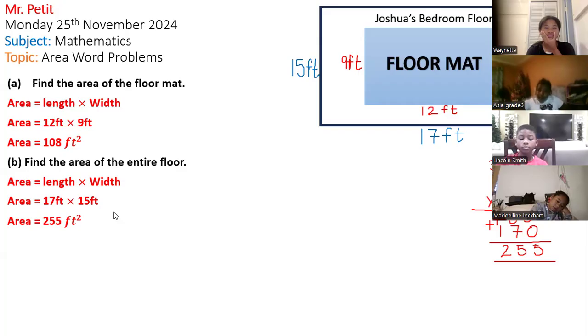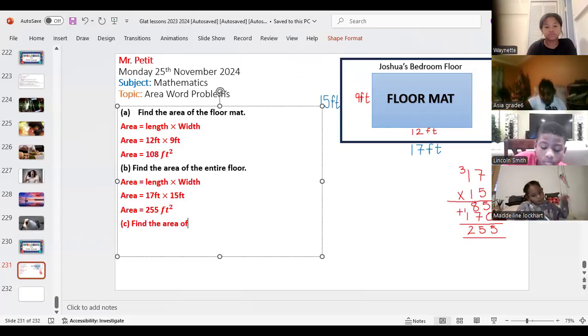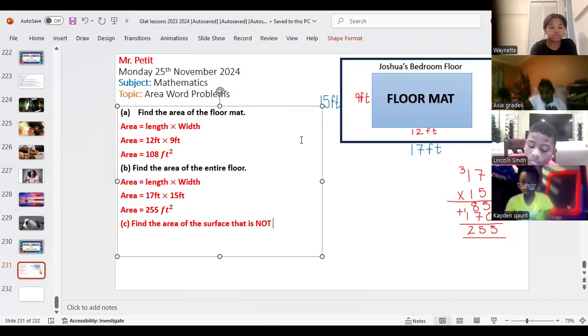Now the next question, part C, they want us to figure out, they say, find the area of the surface that is not covered by the floor mat.